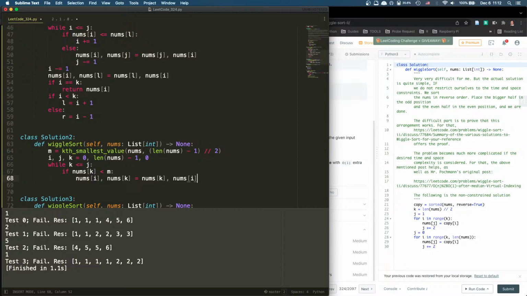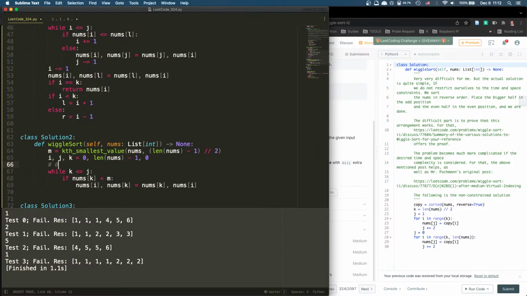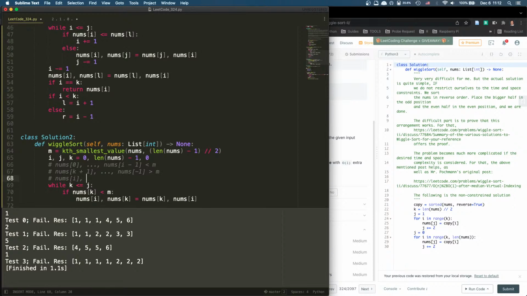When we swap, then from nums 0 to nums i minus 1, all smaller than m, nums k plus 1 to nums len nums minus 1, the last value, all of them are larger than m, and nums i to nums k minus 1 are equal to m. So that's what we're trying to maintain.